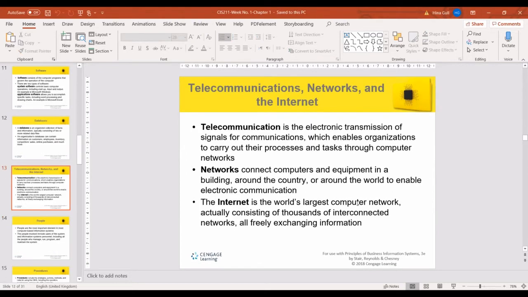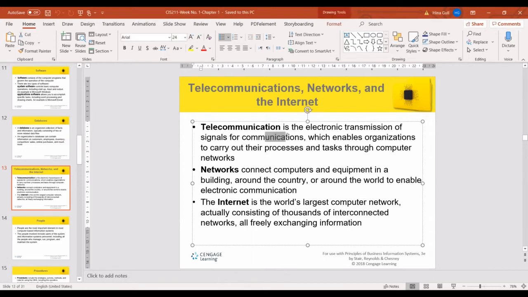Moving to the next, telecommunication. What is telecommunication? It's the electronic transmission of signals for communications, which enables organizations to carry out their processes and tasks through the computer network. You know the computer network? Did you work in the labs?